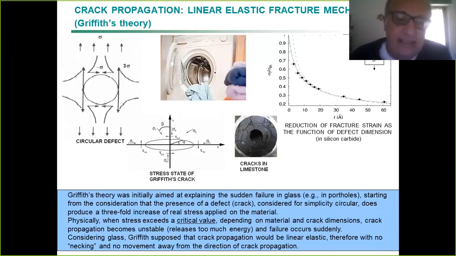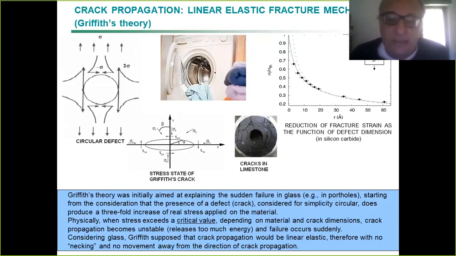In reality, the stress state produced by a crack under Griffith's assumption tends to be an ellipse, a very pronounced ellipse with very different, for example, alpha and beta angles with respect to the origin, so two semi-axes of the ellipse which have very different dimensions.